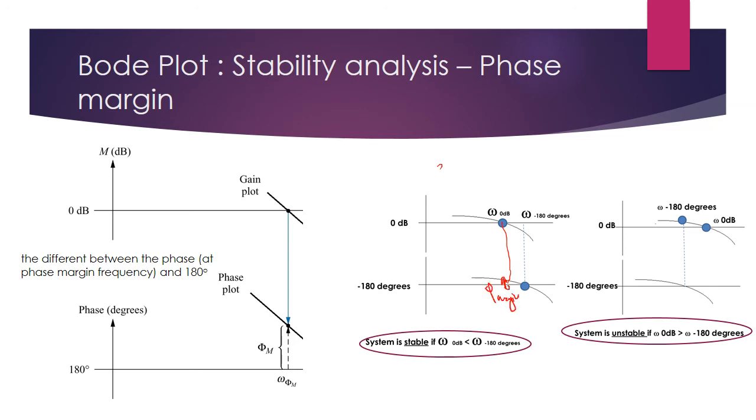If your phase at 0 dB is on the left hand side of 180 degrees, then it's okay, you are stable. But if, for example, when you plot it down from 0 dB, it's on the right hand side of 180 degrees, then you are in an unstable condition.